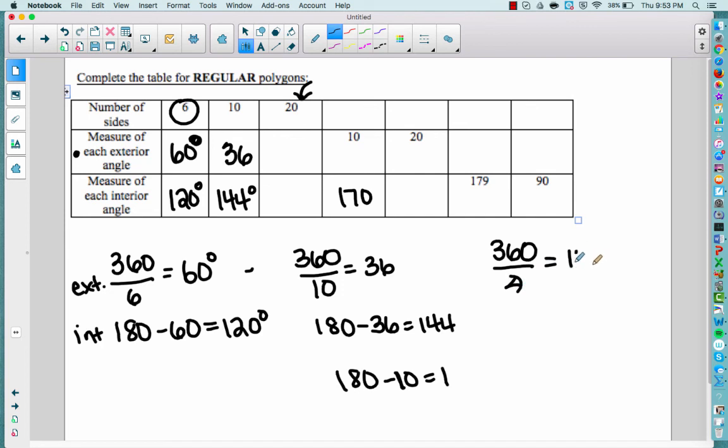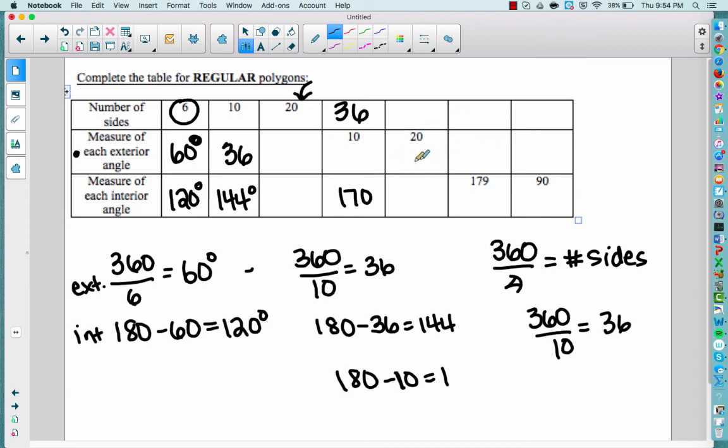It will give you the number of sides. It's the same exact thing as dividing by the number of sides to give you the angle. So 360 divided by 10 is going to give me 36, okay? So 36 sides.